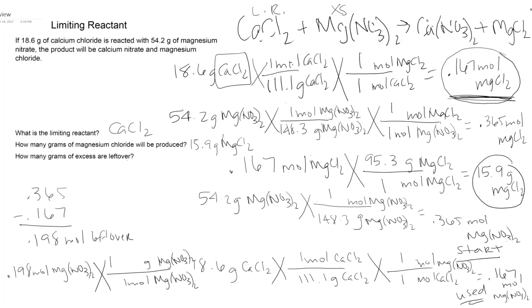Our molar mass of magnesium nitrate is 148.3. So when we do 0.198 times 148.3 divided by 1, we get 29.4 grams as our final leftover answer.